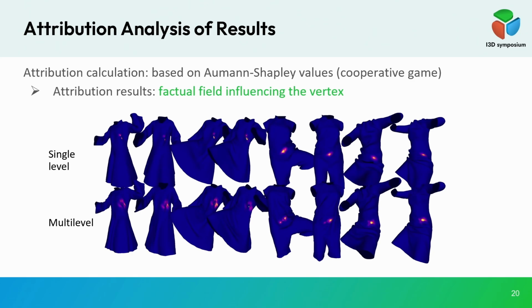Vertices that impact deformation are highlighted in a heat map showing their attribution values. In our framework, these vertices have a broader impact, leading to more comprehensive deformation across the garment.